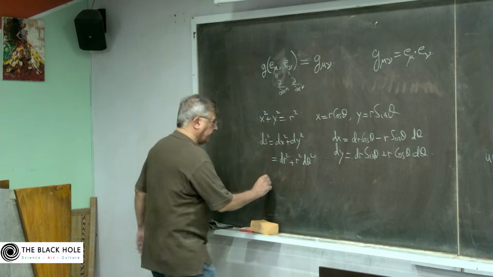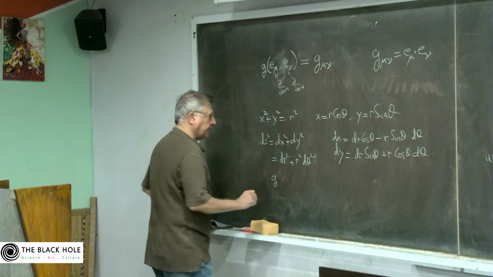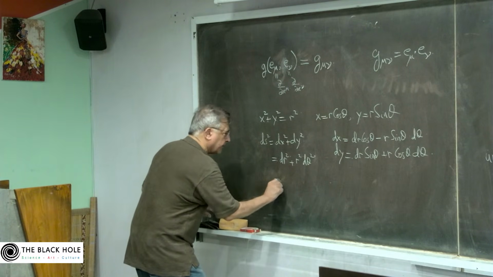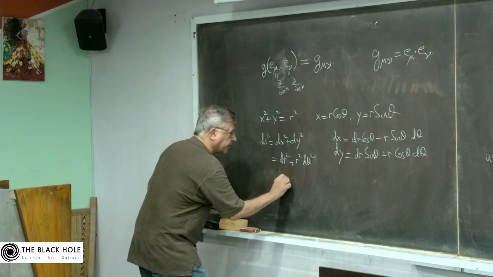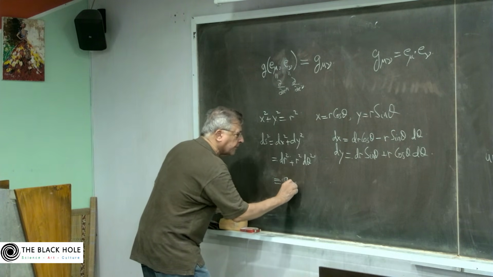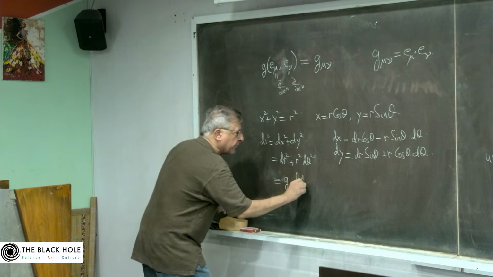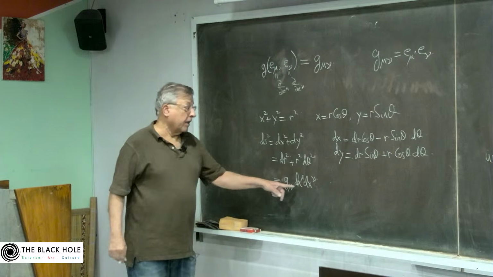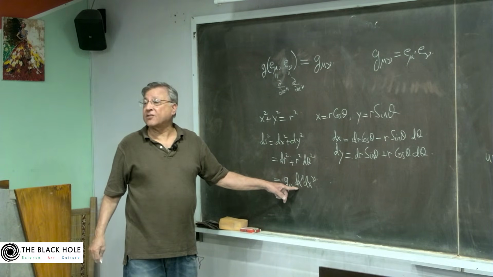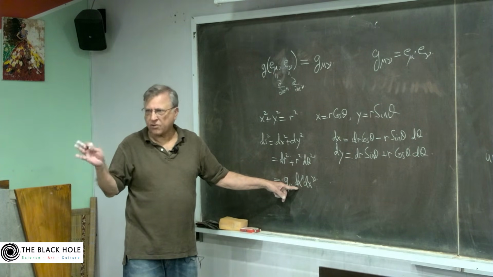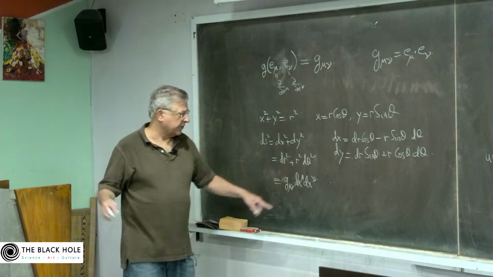And so if we write this as g mu nu dx mu dx nu, how are we to understand this dx mu and dx nu? As small numbers, not as one forms.